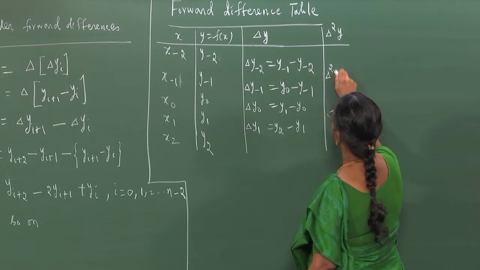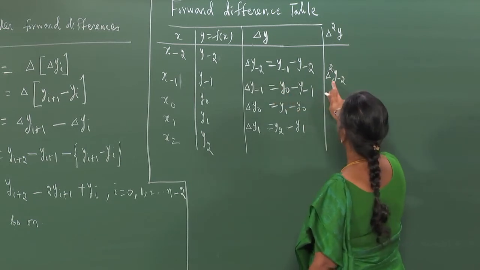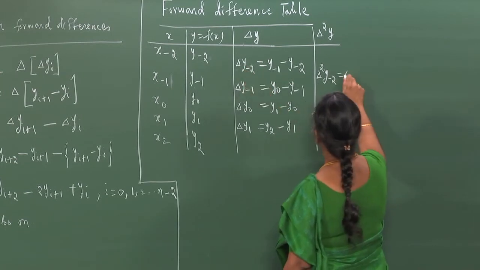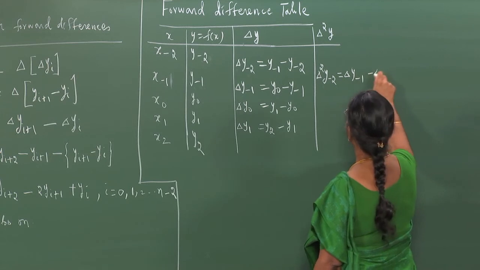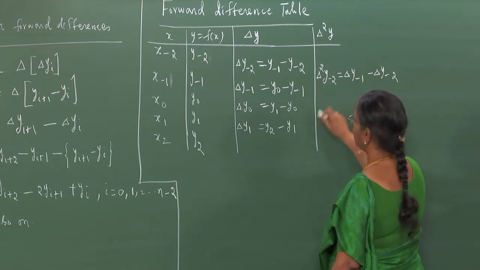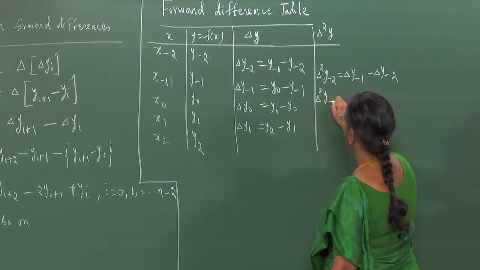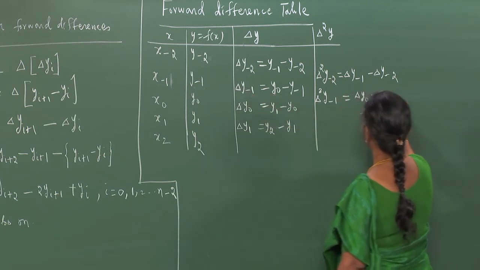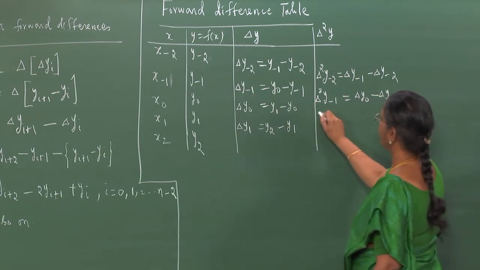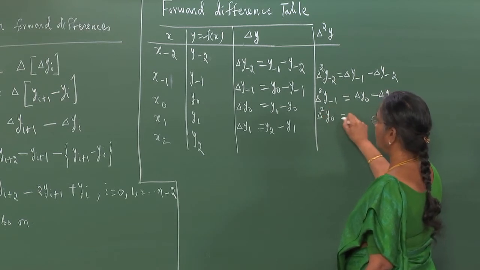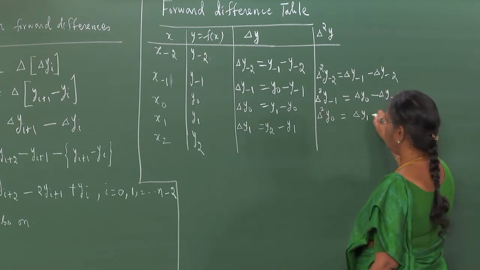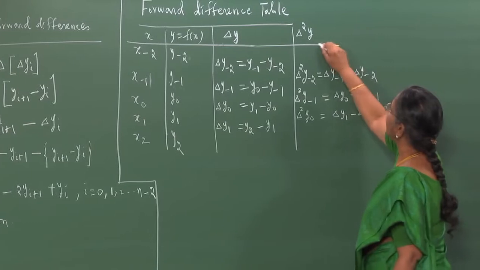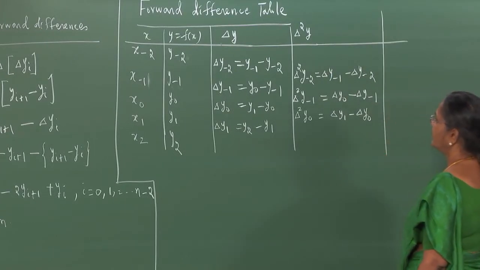So, they are denoted by del square of y minus 2 and that is equal to delta on y minus 1 minus delta on y minus 2. Then del square on y minus 1 is delta on y naught minus delta on y minus 1. Then del square on y naught will be delta y1 minus delta y naught. So, these are the second order forward differences.